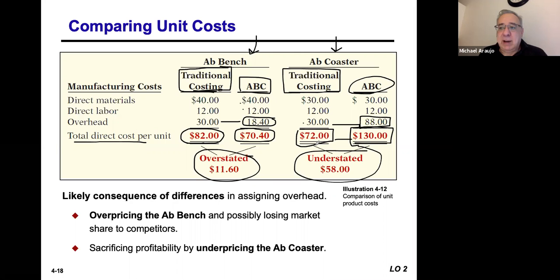They are going to be off substantially if we use the traditional costing method and we don't price based on activity-based costing. So we're really, as it says here, sacrificing profitability if we use a traditional cost system rather than ABC.